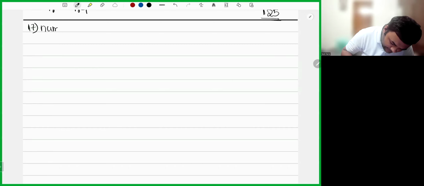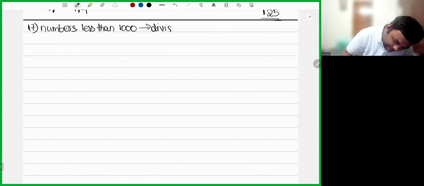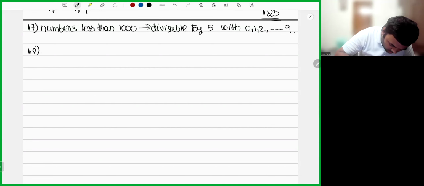Numbers less than 1000 divisible by 5, with digits 0, 1, 2, and so on till 9. 18th one.